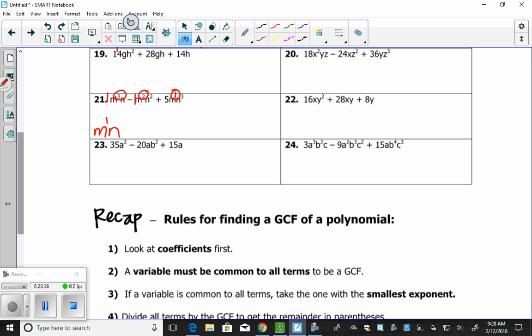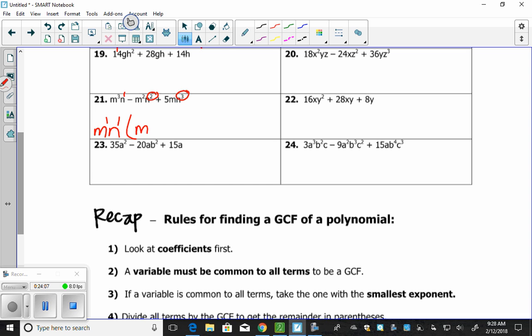1. Okay. How many N's do I have here? 1. How many N's do I have here? What's the smallest exponent? M cubed divided by M is M. 3 minus 1 is 2.